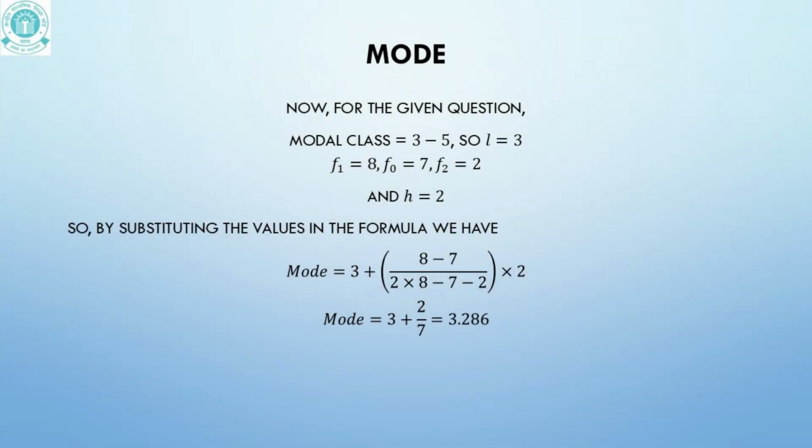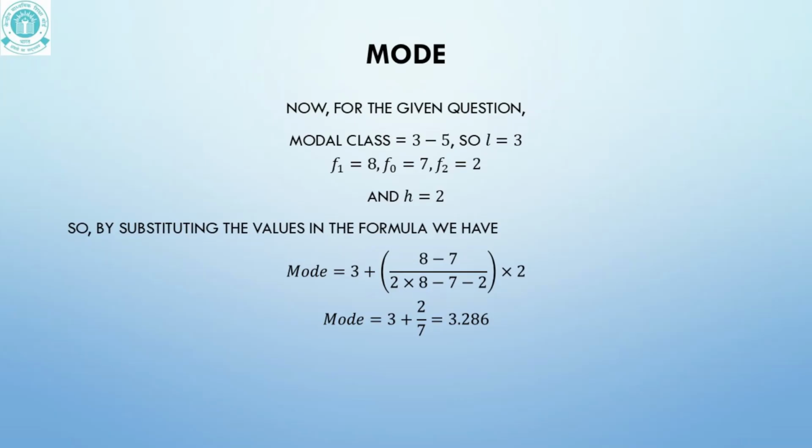Now, for the given question, the modal class is from 3 to 5. So, the value of L equals 3, f1 equals 8, f0 equals 7, f2 equals 2, and h equals 2.